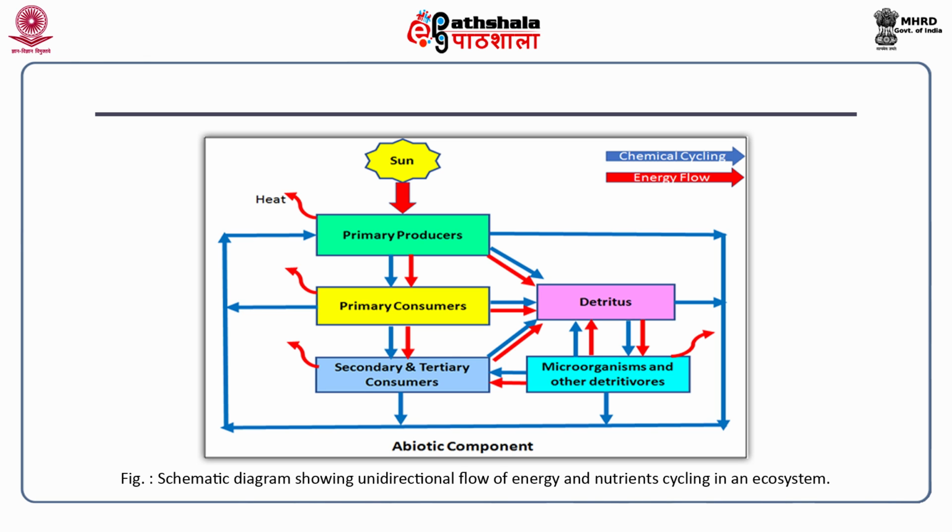But energy is never recycled. This figure also shows that these blue arrows clearly indicate that the nutrients are recycled, but energy is not recycled or reused, and energy flow is unidirectional in nature in an ecosystem.